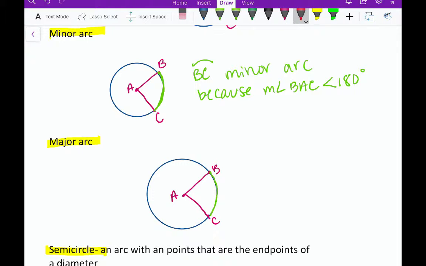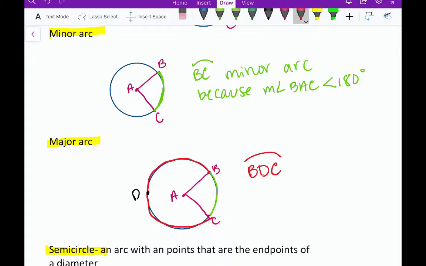The major arc would be this part of the circle. And in order to name that, we would need another point. So I'm going to put point D out here. So this is going to be arc BDC.